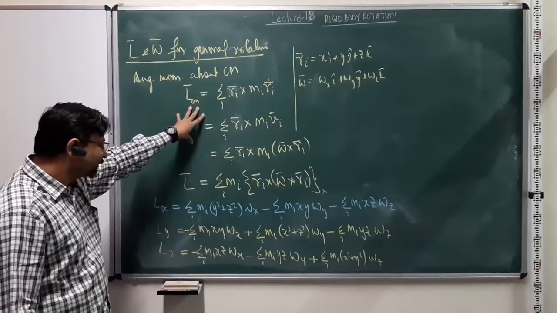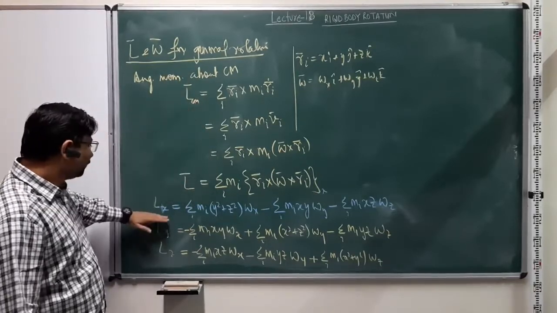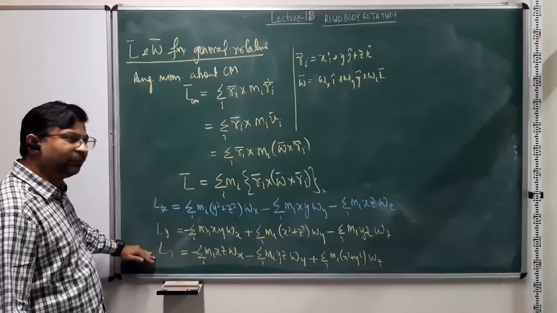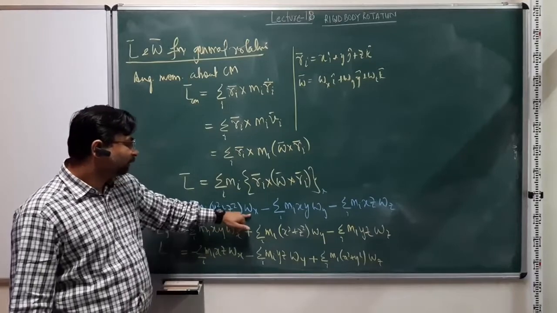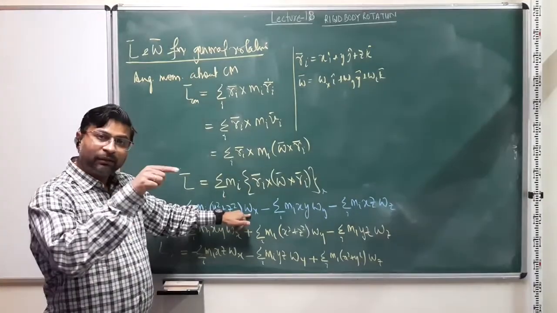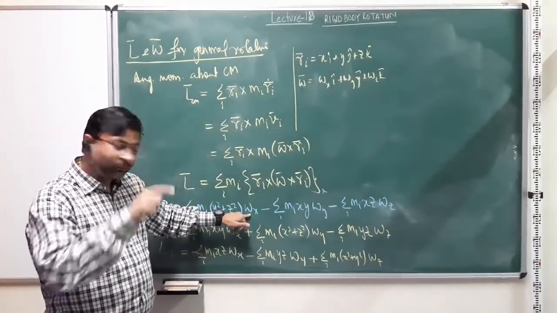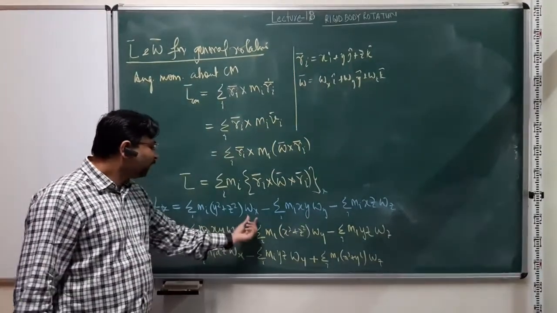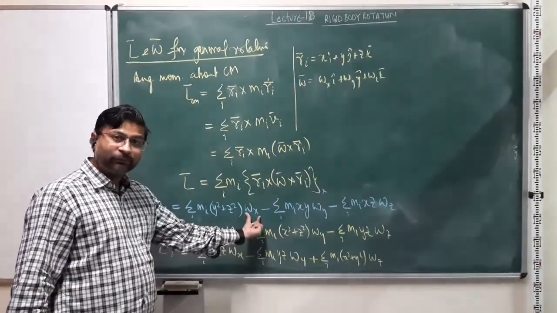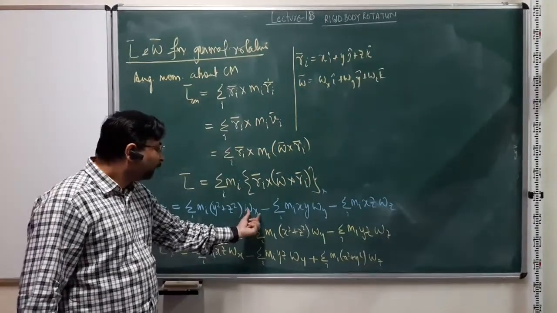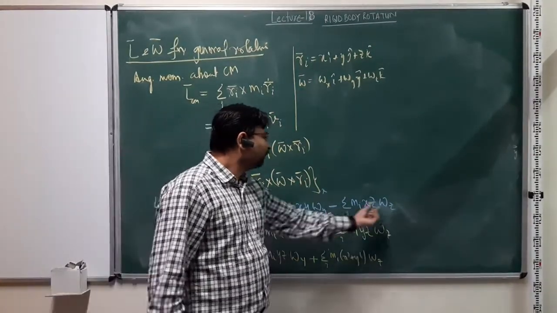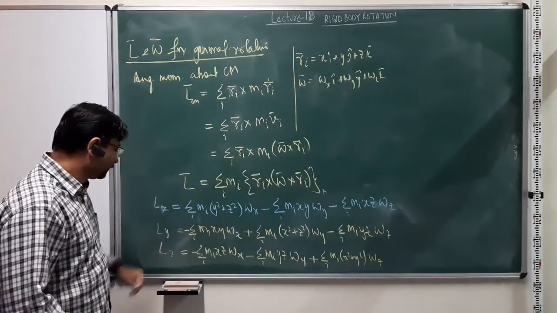What we find out is that in a general case, each component of angular momentum is not dependent only on the angular velocity along that direction. So L_x is not only dependent on omega_x, the x component of angular velocity, but also omega_y and omega_z, right? So now it's a complicated expression.